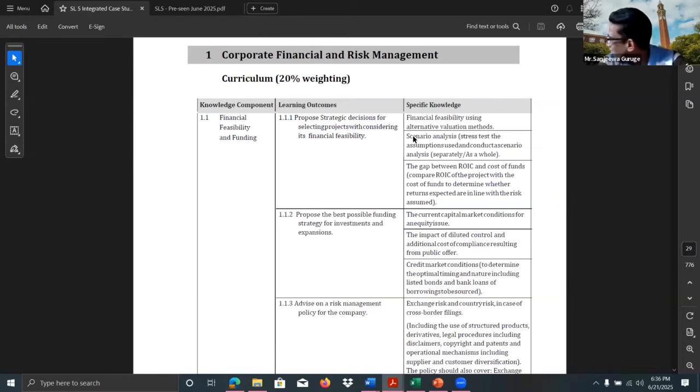It's not a new part, so it is very simple and easy to revise, but very quickly, so what are the key areas that you should be familiar with relating to this corporate finance part?